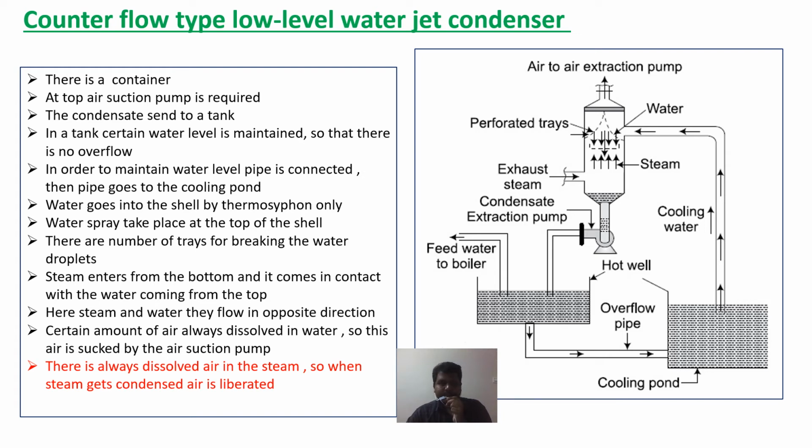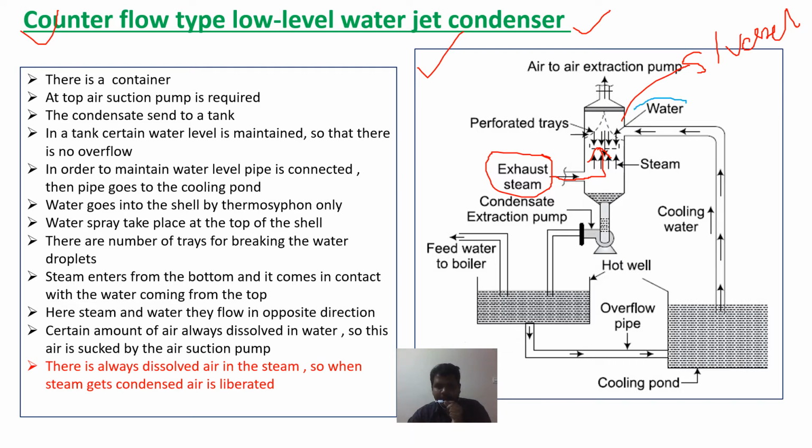Now let us see the counter flow type low level water jet condenser. As we know, in a jet condenser there is a direct contact between the water and steam. Here you can see this is the schematic diagram. It will have a shell or vessel. From the bottom the steam enters the vessel and moves upwards.